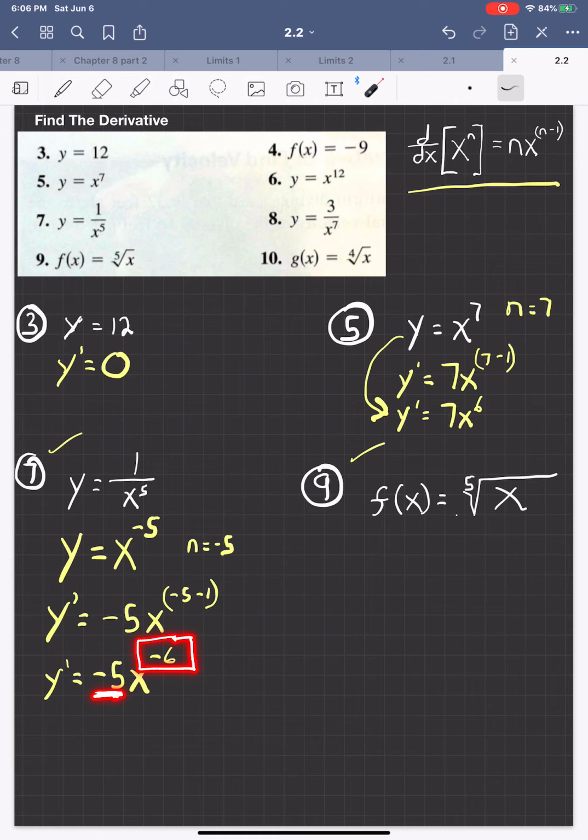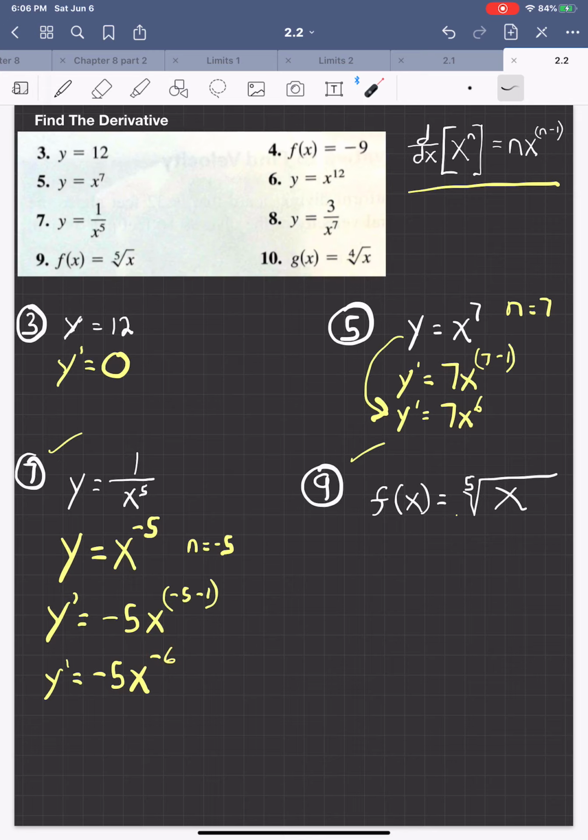You'll have to believe me when I say this is for your own good, because where we want to go with derivatives is we want to be able to use them. We want to start setting them equal to things, and life is so much easier if you get into the habit of changing your exponents from negative to positive.